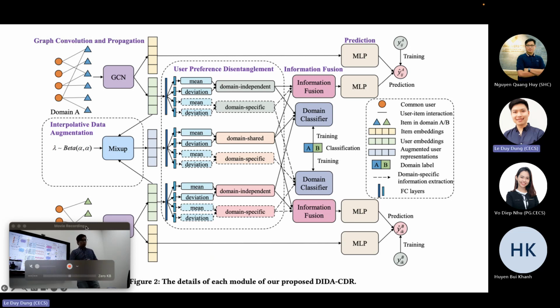They use a variational encoder to compute mean and deviation, stacking several fully connected layers, to get domain-independent and domain-specific representations.